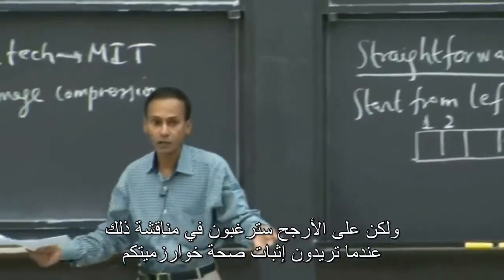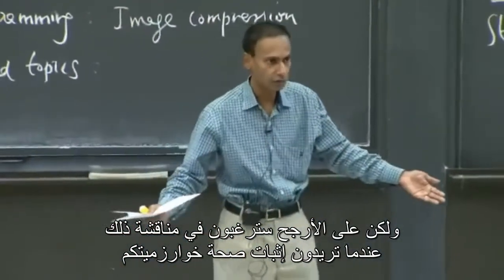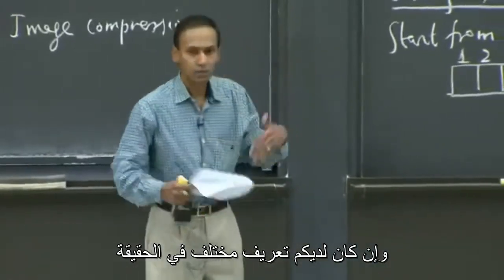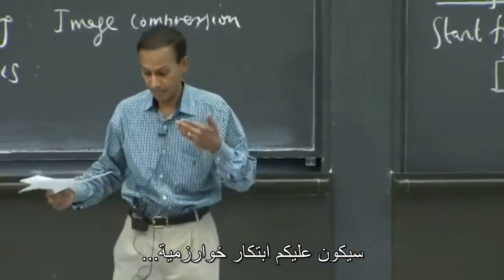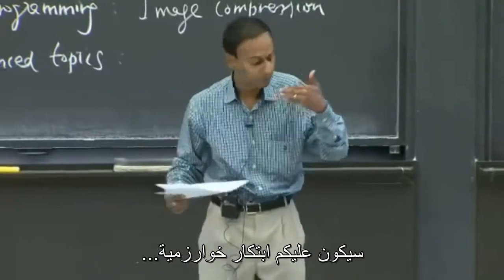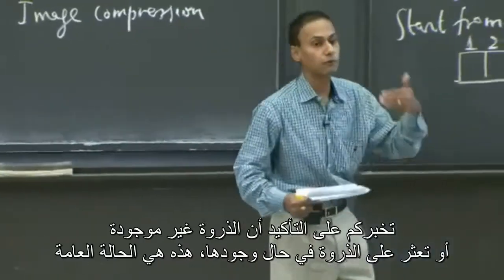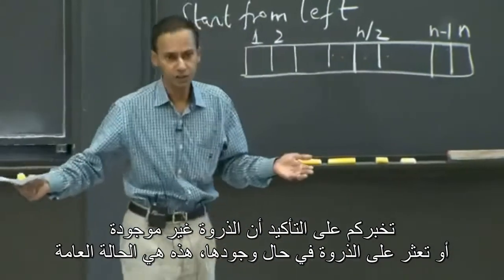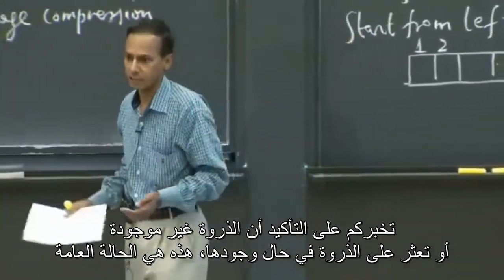But you probably want to argue that when you want to show the correctness of your algorithm. If, in fact, you had a different definition, you would have to create an algorithm that tells you for sure that a peak doesn't exist, or find a peak if it exists, right? So that's really the general case.